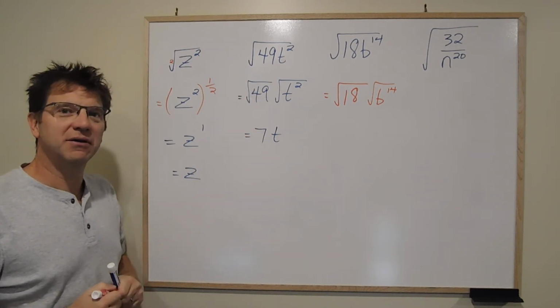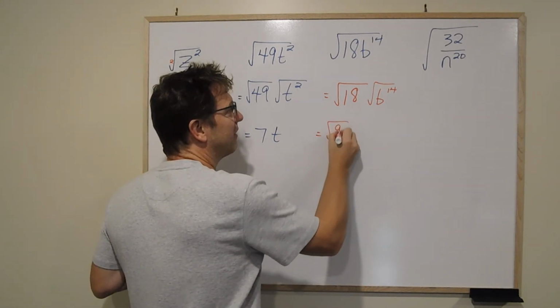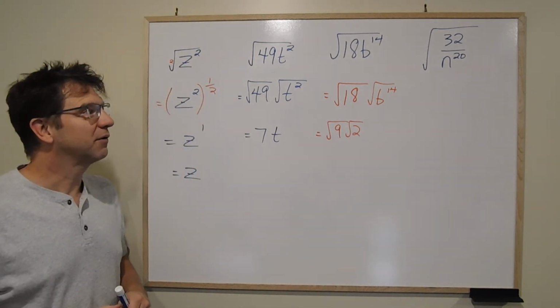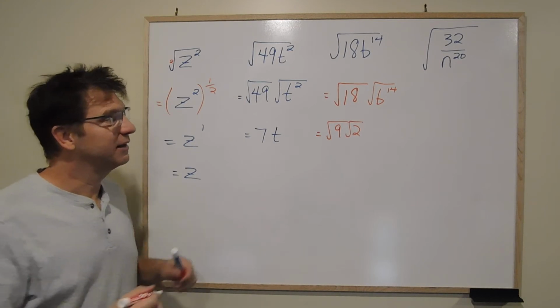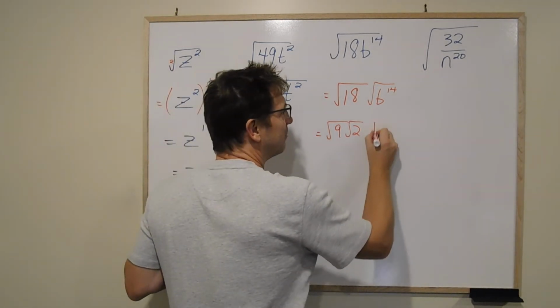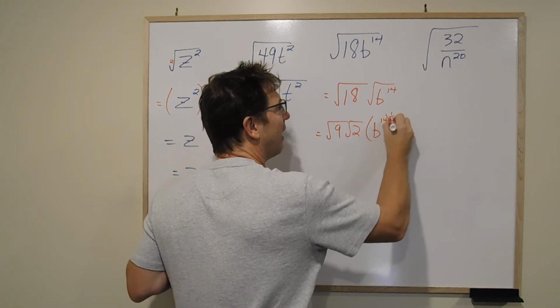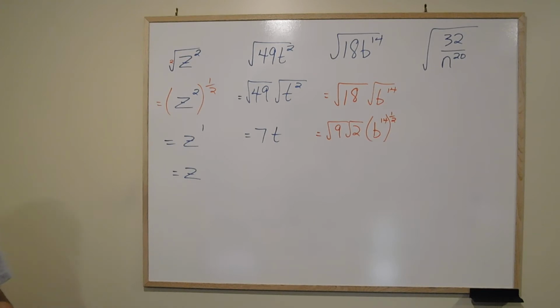So the best we can do is simplify it and say the square root of 18 is the square root of 9 times the square root of 2. Now what we can do with the b is we can write that as b to the 14 to the 1/2, the same way we did here. That helps us out a little bit.